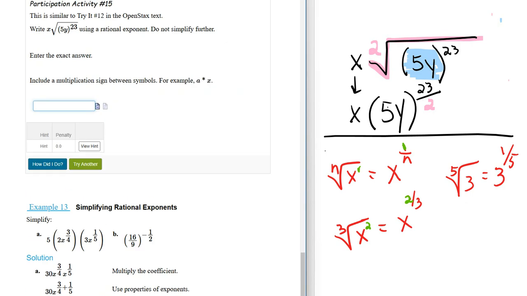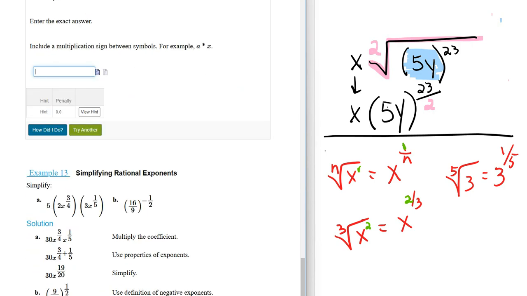Somewhere it tells you how to do it. I guess it was in the introduction. It's going to be x, parenthesis, 5y, parenthesis, and then this for an exponent. But because my exponent is a fraction, I have to put it in parentheses and put 23/2 and close it.